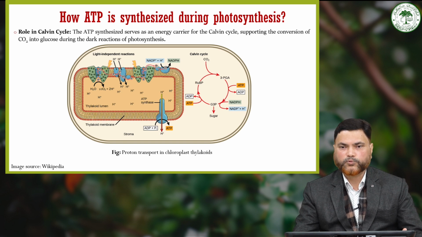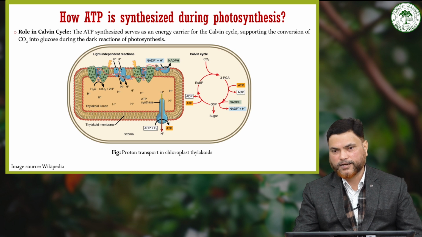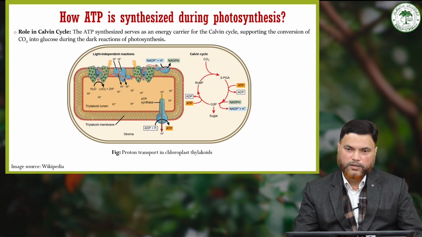The transfer of protons and the release of protons from the splitting of water molecules creates a proton gradient across the thylakoid membrane. Now this gradient is utilized to synthesize ATP.